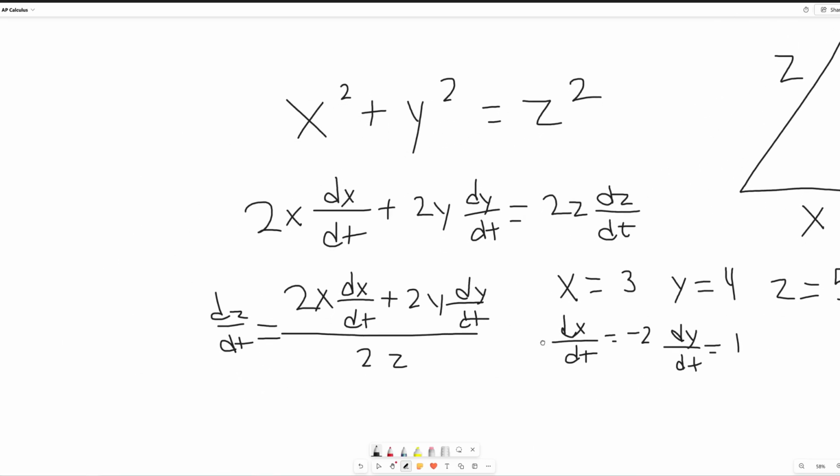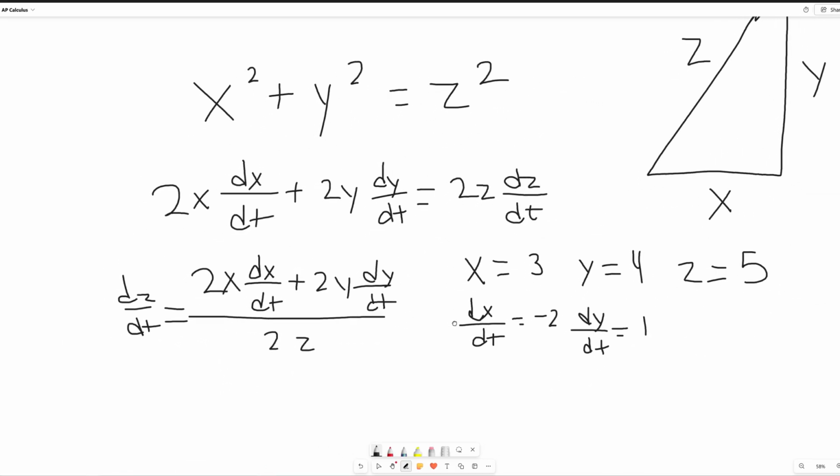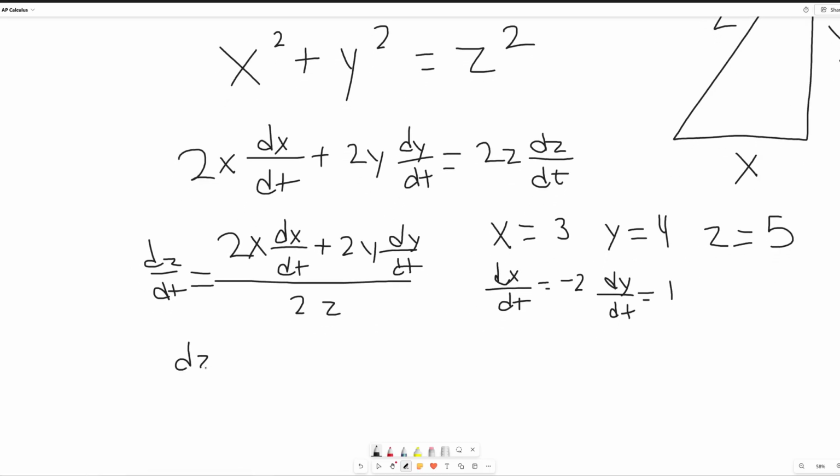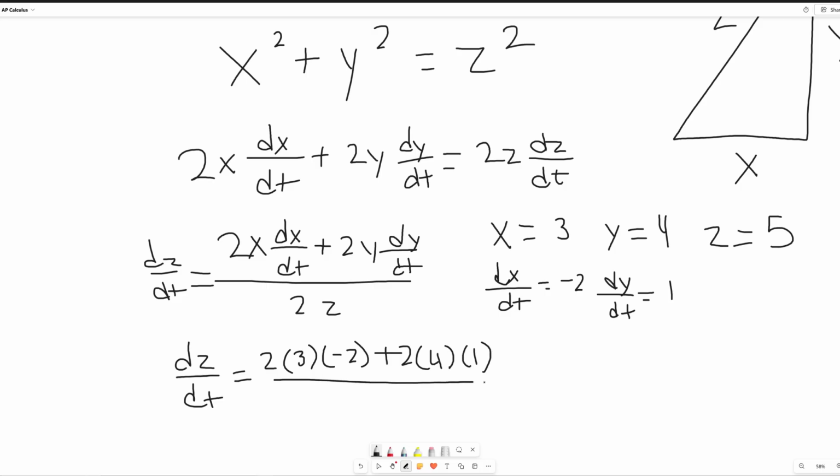So now, we can plug in these variables. dz dt equals 2 times 3 times -2 plus 2 times 4 times 1 over 2 times 5. And this is going to end up giving us -4 over 10, I believe.